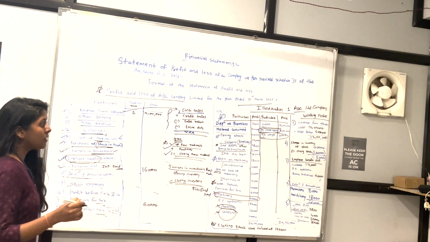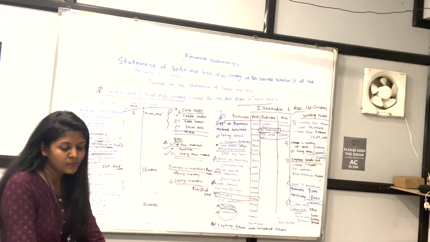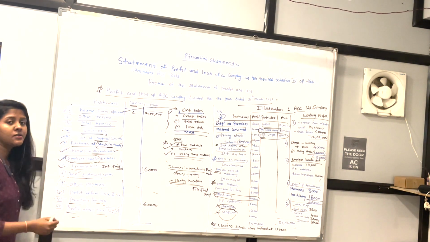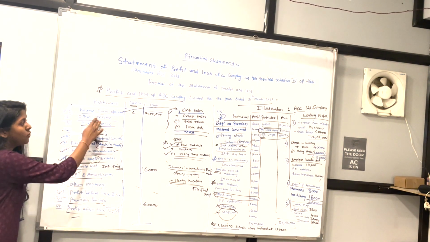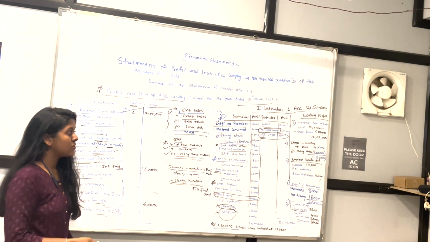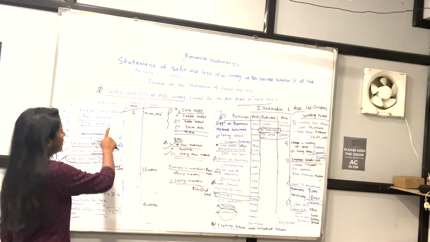Okay. Other income, any other items are there in other income? As I told you, what includes other income? Profit on sale of investment, or profit on sale of machinery, that comes in other income.